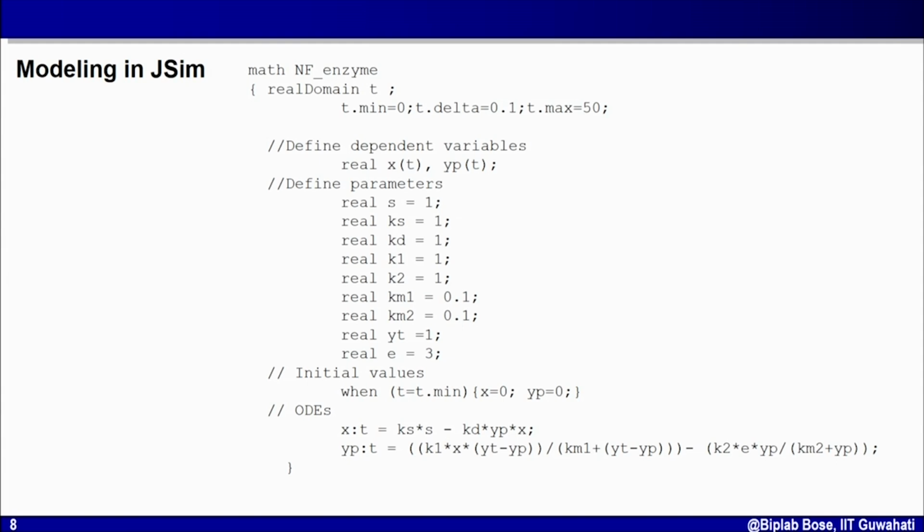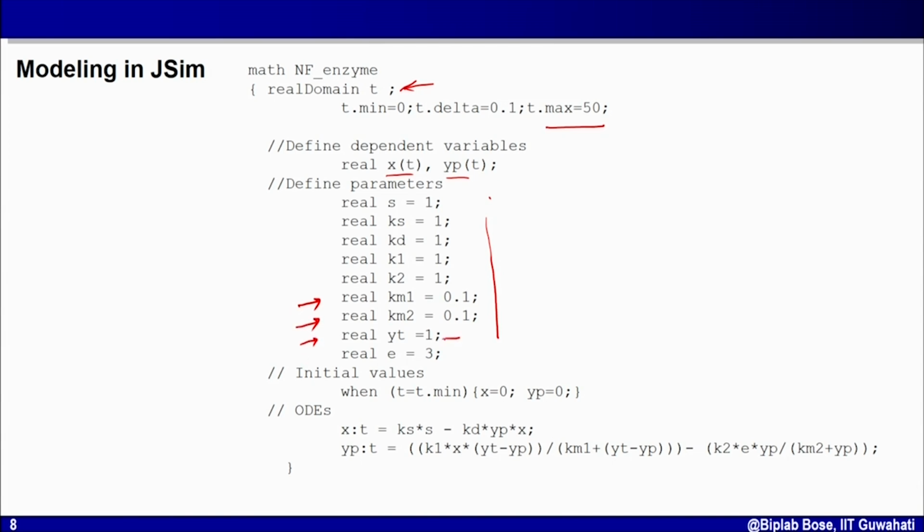So I have shown the code. As usual, this code has multiple segments. The first one is obviously declaring the time, how long you want to simulate. I want to simulate it for 50 time steps. I have two dependent variables here, YP and X, and then I have all the parameters. Remember these parameters, KM1, KM2 and YT will be critical.